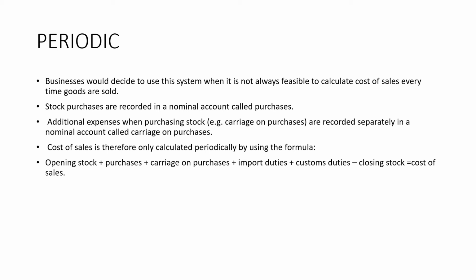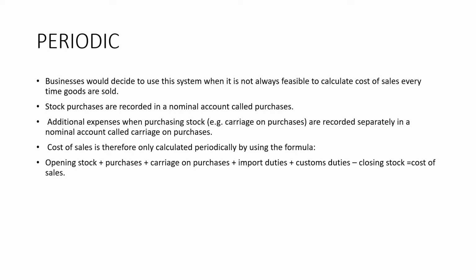Also, another thing to note: our carriage on purchases in the periodic system, we don't record in the same account as the purchases. We record it in a separate account, which is also a nominal account. It's also an expense account. We call that account carriage on purchases, right? It's not the same as the perpetual system.